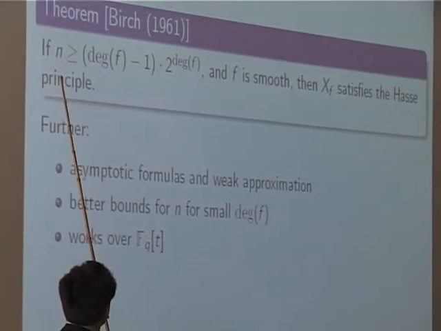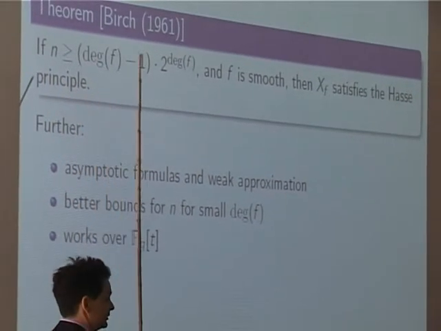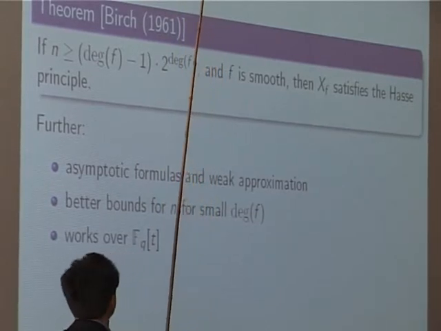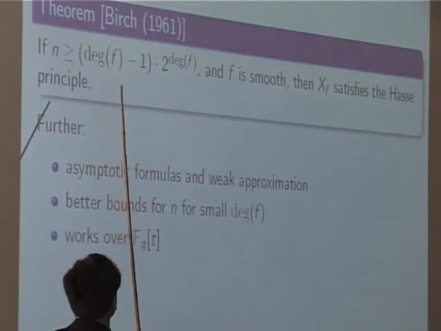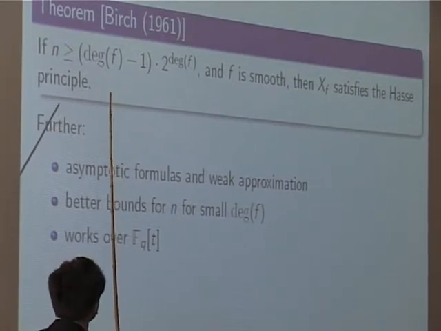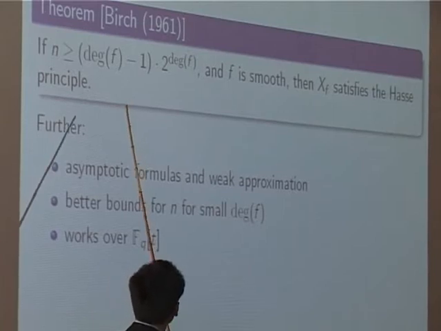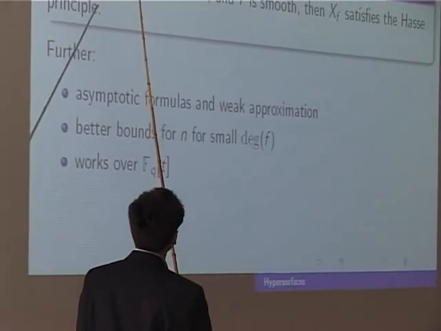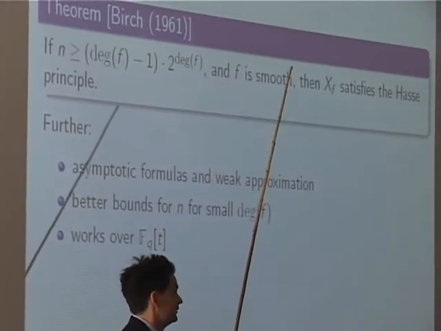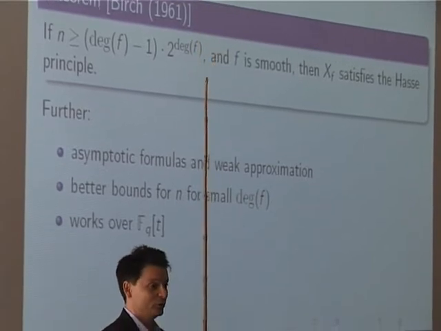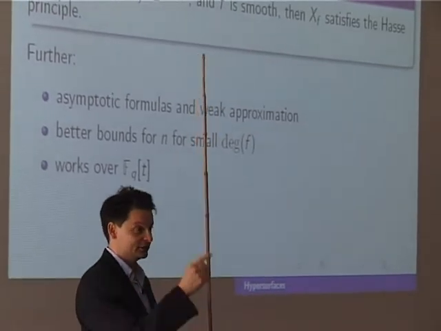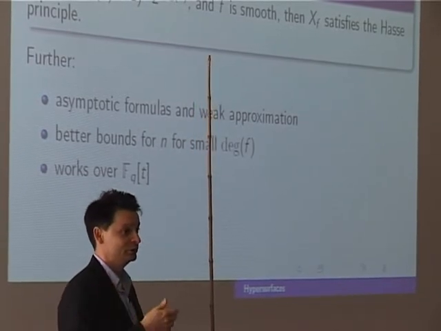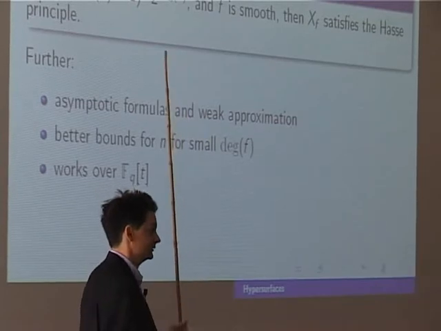Now, if you look at more general equations, rather than diagonal equations, like in Waring's problem, and now we are also going to look at homogeneous equations, then again the result is that if the number of variables is big enough compared to the degree of the equation, then, well, we can't say that we have a solution, because you can always write down the sum of xi squares with many, many xi's, and the only solution will be 0, 0, 0 over the rationals.